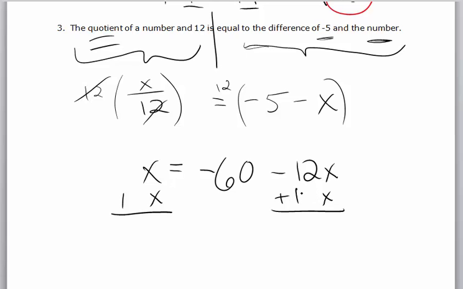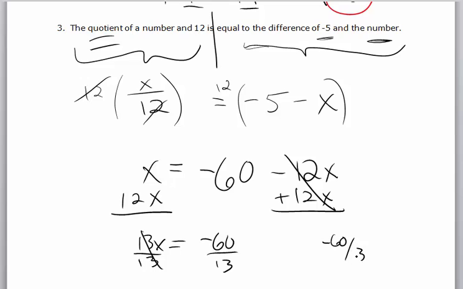I should get 13x equals negative 60. And then I divide both sides by 13. In this case, I try to reduce my fraction anytime I can. But I don't believe that is going to reduce, so I'm done.